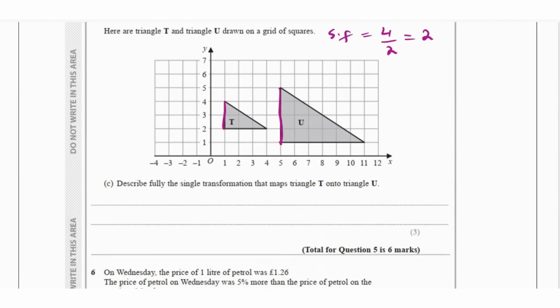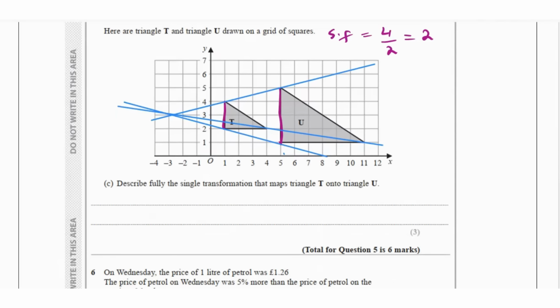Now for the center, we join corresponding points on both the shapes and see where they pass through. And I think it's coming out to be (-3, 3).